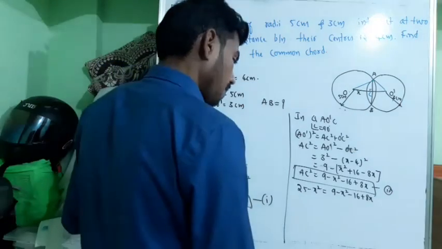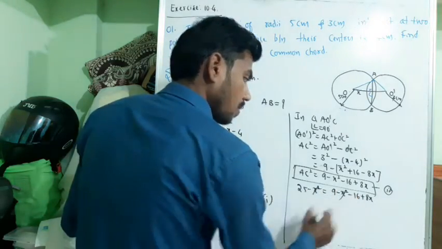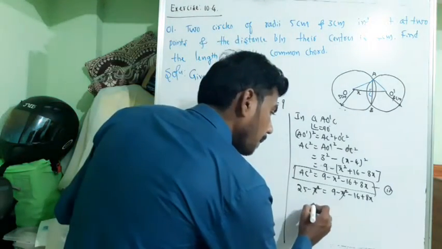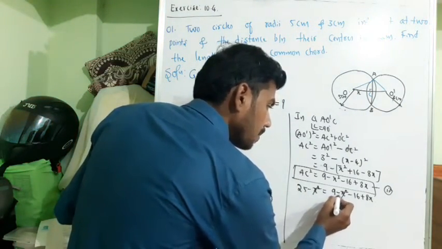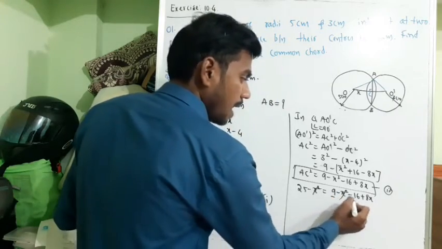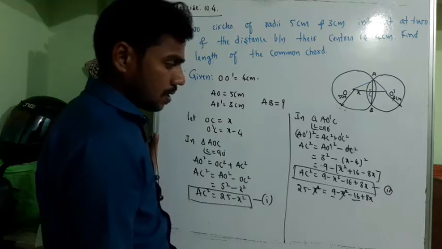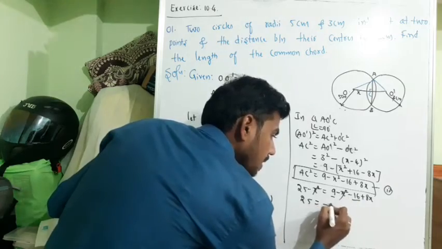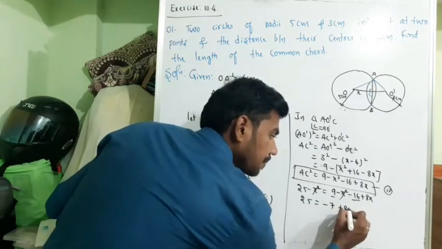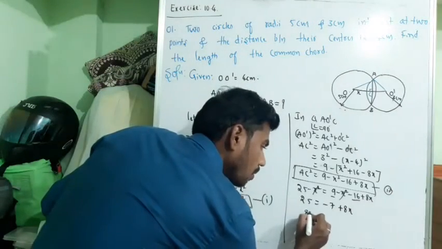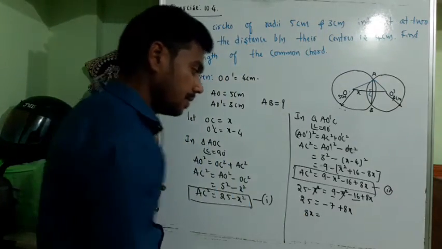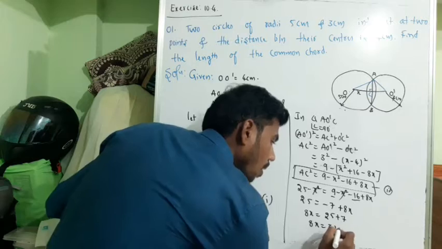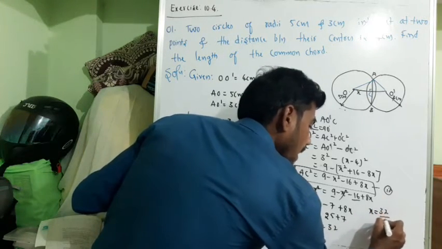Now this X square will get cancelled. 9 minus 16 is minus 7. So 25 is equal to minus 7 plus 8X, or else 8X is equal to 25 plus 7, or 8X is equal to 32, or else X is equal to 32 by 8.